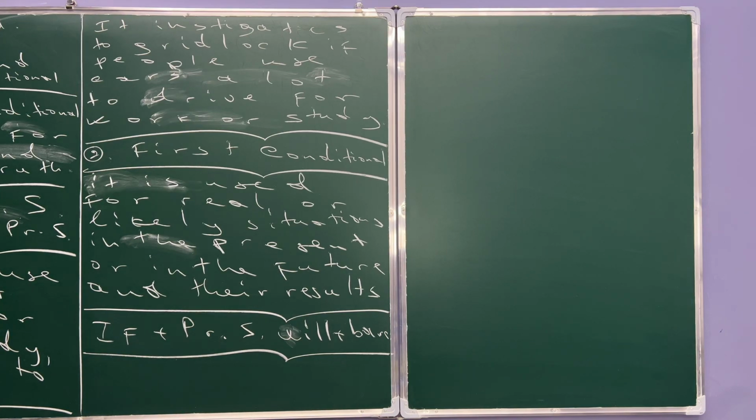But sometimes you can use the action and the result themselves in the future. Both of them might be in the future, or both of them might be in the present sometimes. The difference here is from the zero conditional. Somehow the action or the result should be related to the future. Okay, this is the main contrast.